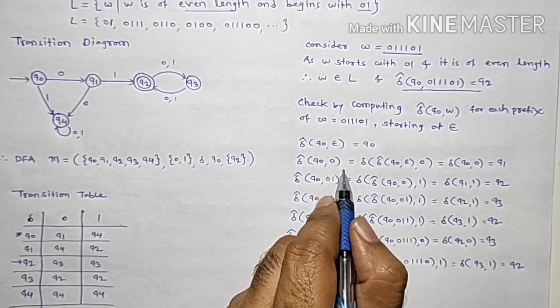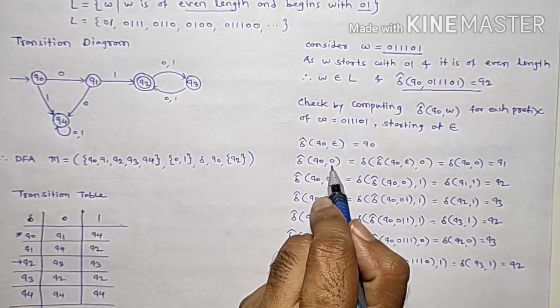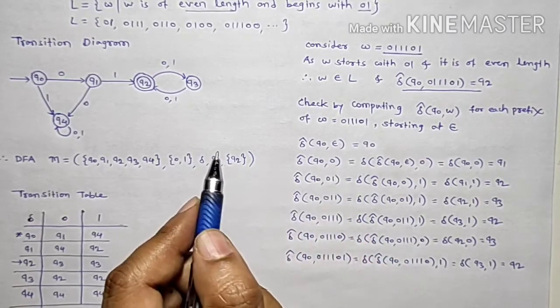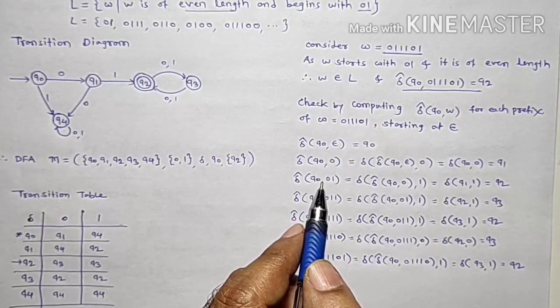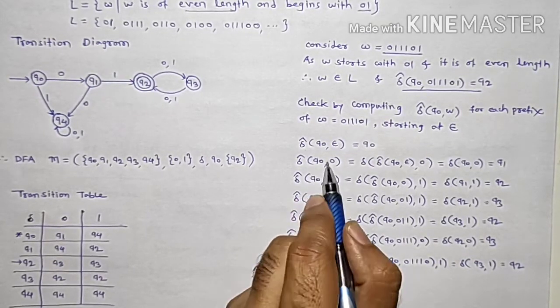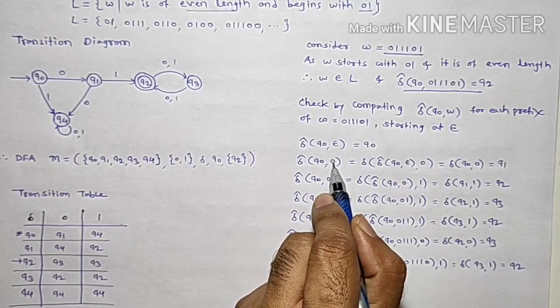We have seen that w is equal to xa, where x is the prefix and a is the last symbol. In this case, epsilon is the prefix and 0 is the last symbol.